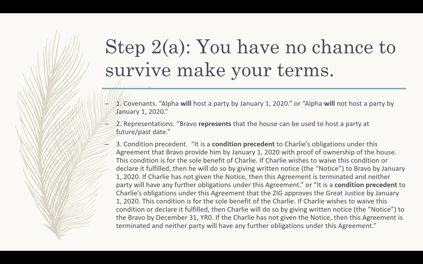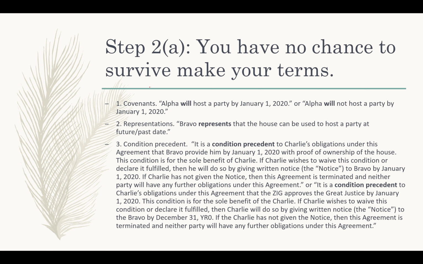Covenants are basically promises to do or not to do something in the future. They're usually created by words like must, will, shall, etc. So generally, must, shall, or will are the words which create covenants.